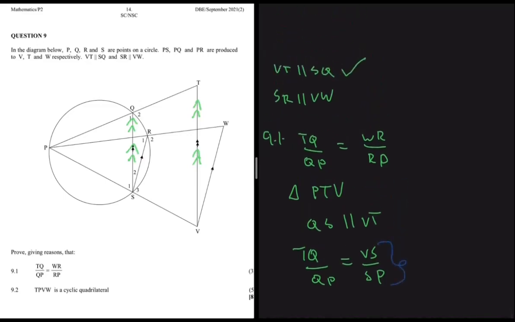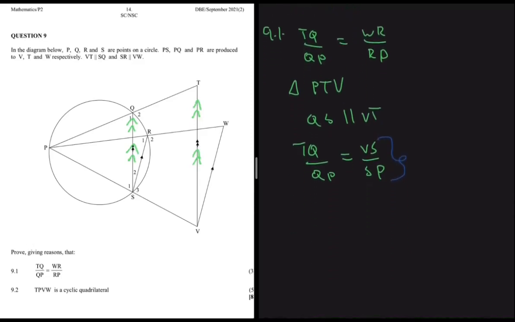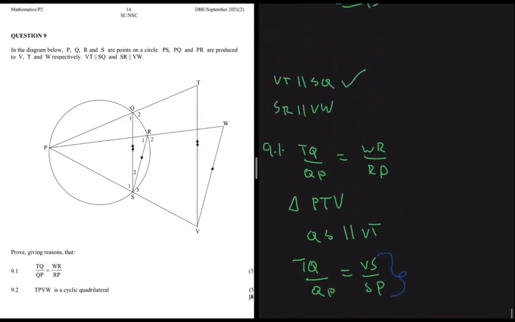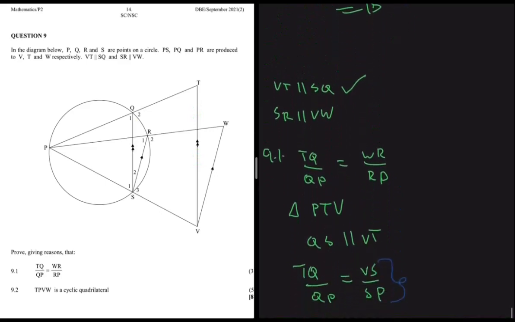Our second keyword says that SR is parallel to VW, right? So let's erase these parallel lines for QS and VT, and let's pay our attention to SR and VW. So where's SR? SR is this line here, and then we have VW, which is this line here, right?